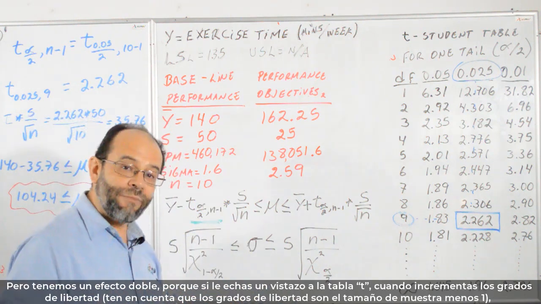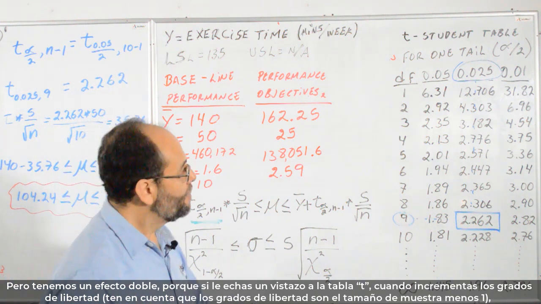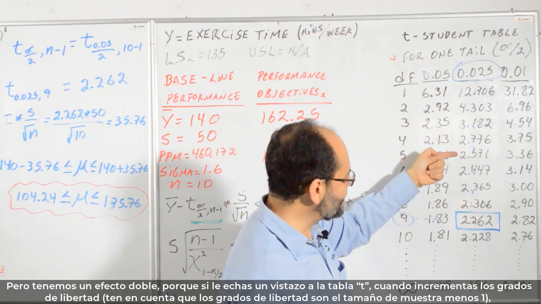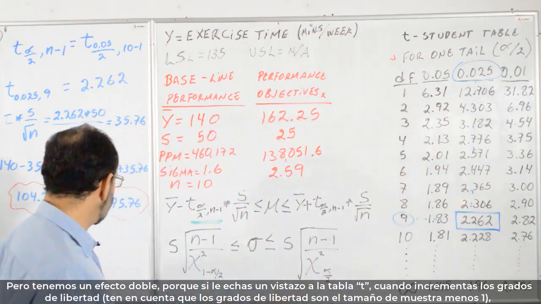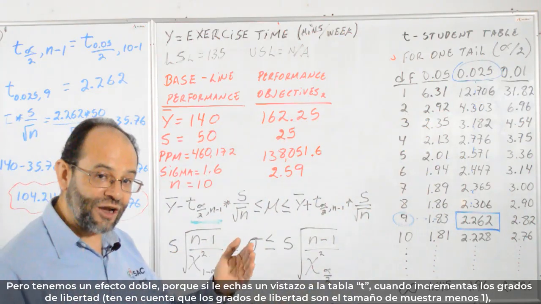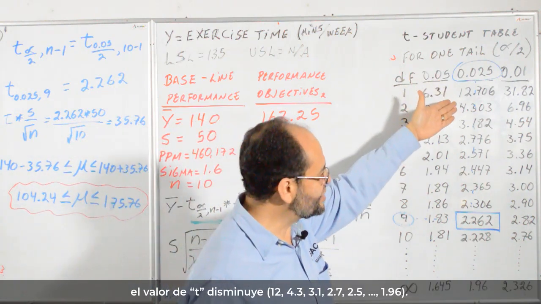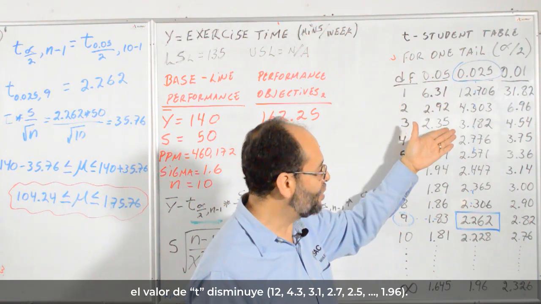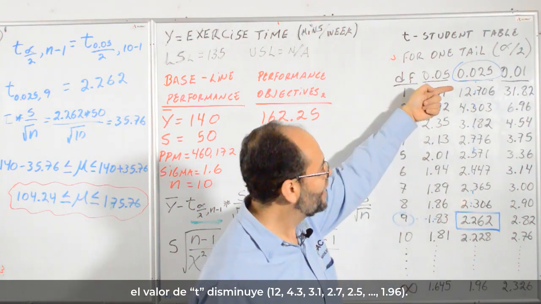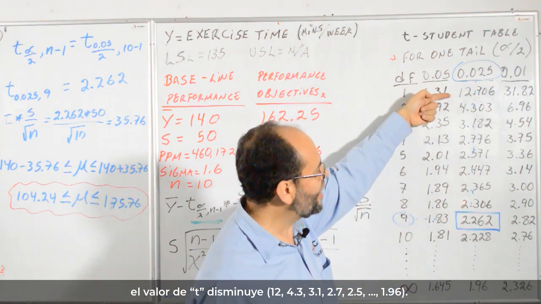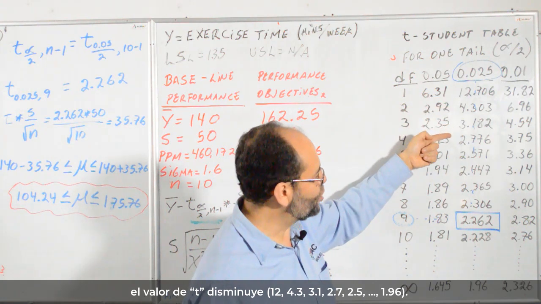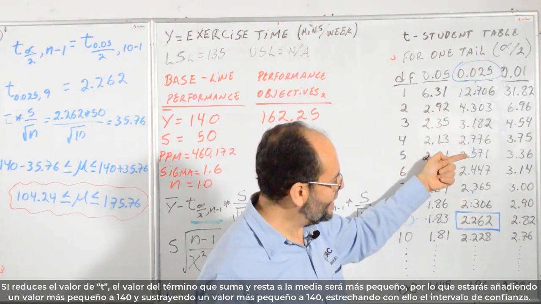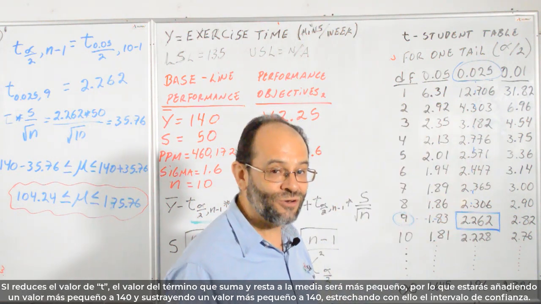confidence interval. But you have a double effect, because if you take a look at the t-table, when you increase the degrees of freedom, keep in mind that degrees of freedom is number of values minus 1. So when you increase the sample size, you increase the degrees of freedom, and the t-value is going down: 12, 4.3, 3.1, 2.7, 2.5, 1.96. So you are decreasing the value of t.